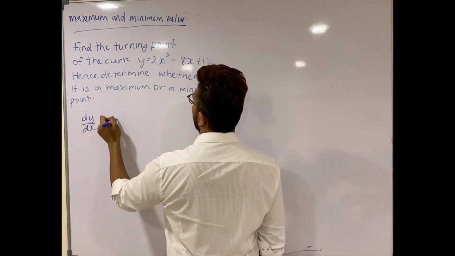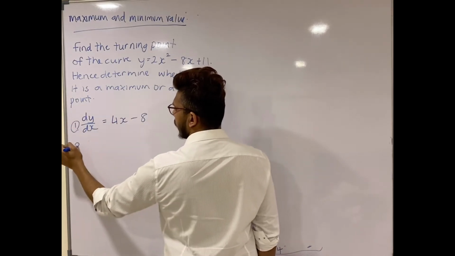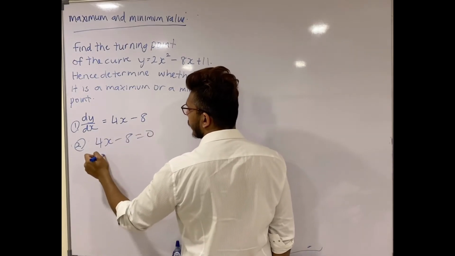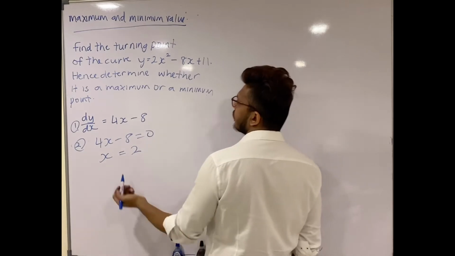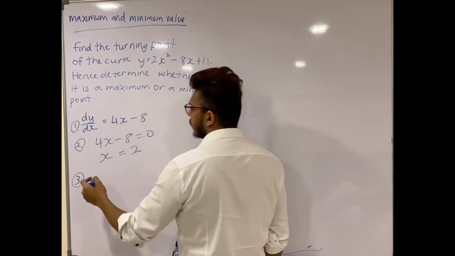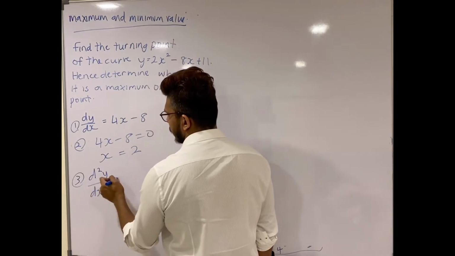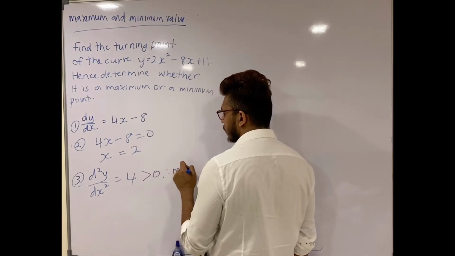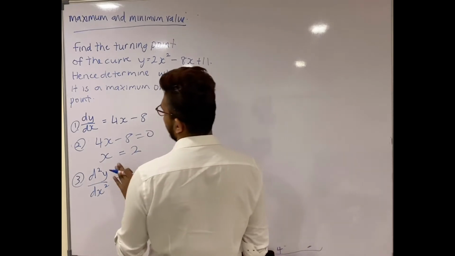So this is going to be 4x minus 8. Now, this is the first step. The second step is going to be 4x minus 8 equals 0. From there, we can find our x as 2. Now, let's see whether this is minimum or maximum. I'll do the second derivative of this. So, I will get 4. 4 is more than 0, therefore, it is a minimum point. Now, we know this is a minimum.